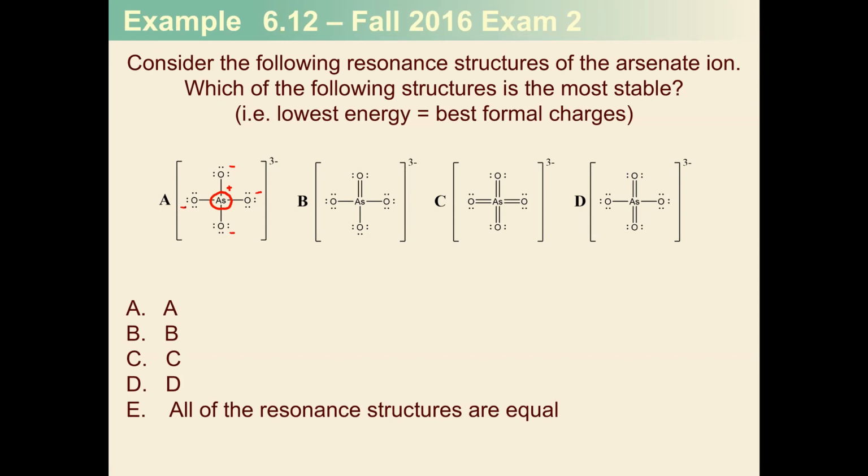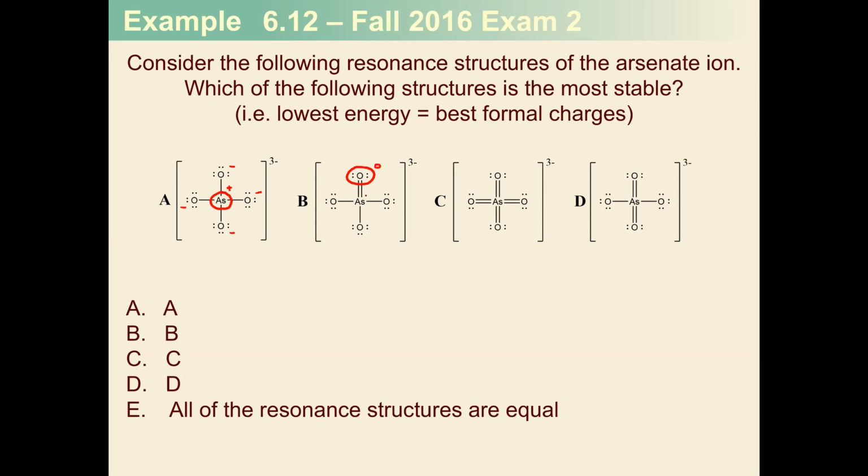But let's go and look at answer B. What have I done by going and violating the octet rule and going to the expanded valence? Notice that I have brought a double bond in, and this oxygen is now currently different than all of the others. This is formally neutral. What about my arsenic? Well, it brought 5 electrons, and now it has 5 bonds.